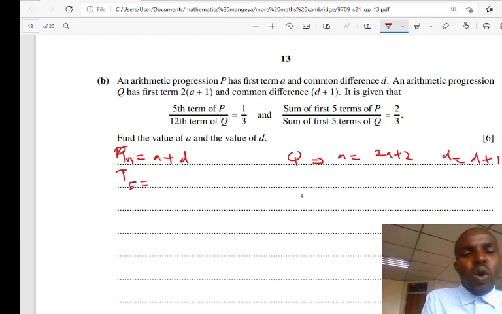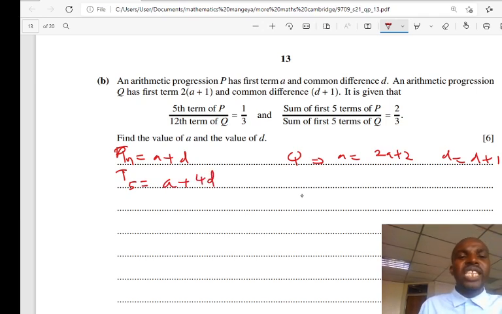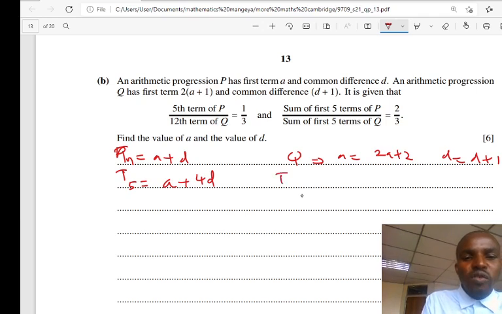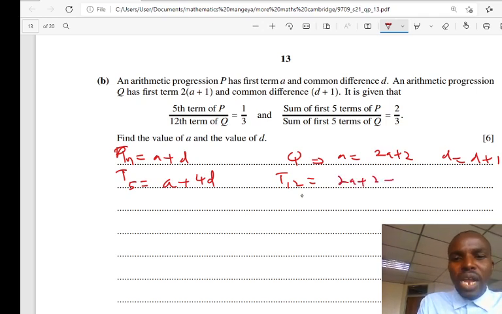T5 is equal to A plus 4D. Then what is D for P? It is actually D. Next, the 12th term of Q, which means T12 of Q. What is A for Q? It is 2A plus 2, plus n minus 1, which is 11 times D, which is D plus 1.